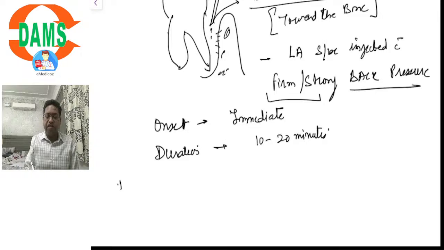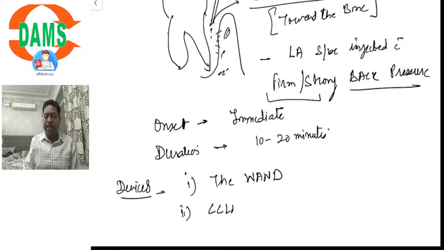Now, various devices are commercially available for giving intraligamentary injections. They are the Wand system and CCLAD.